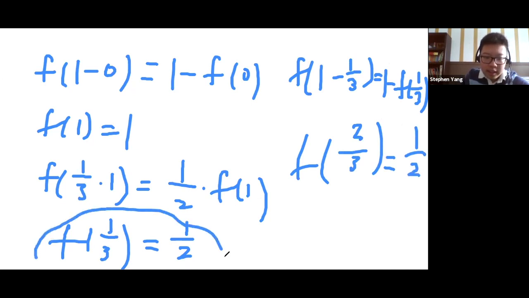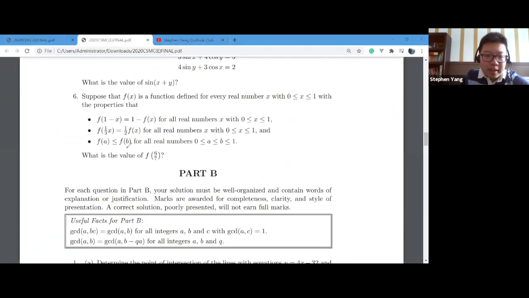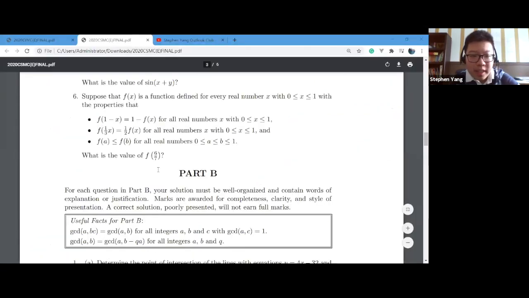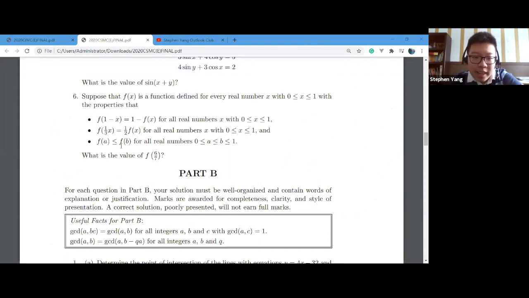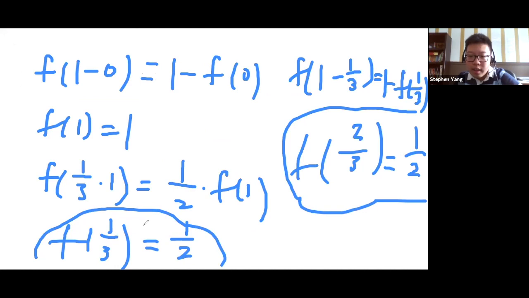Now looking at these two values, since we know that when b is greater than or equal to a, f of b is greater than or equal to f of a, this means anything in between 1/3 and 2/3 will all equal 1/2.